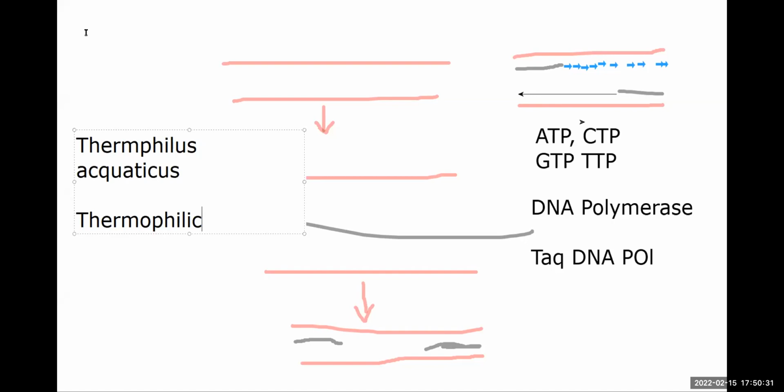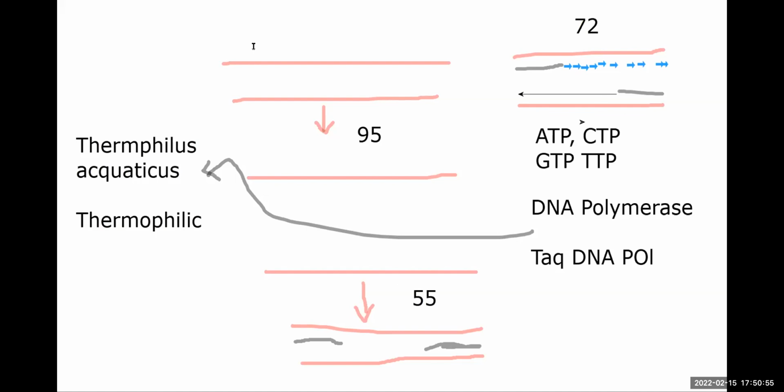So, as the temperature is changing in PCR from 95 to 55 to 72, right? 95 denaturation, 55 annealing, 72 elongation.